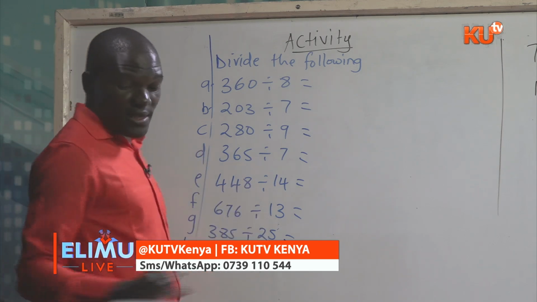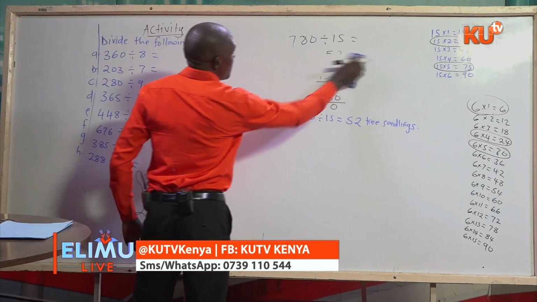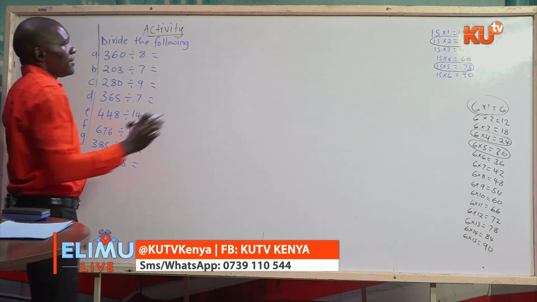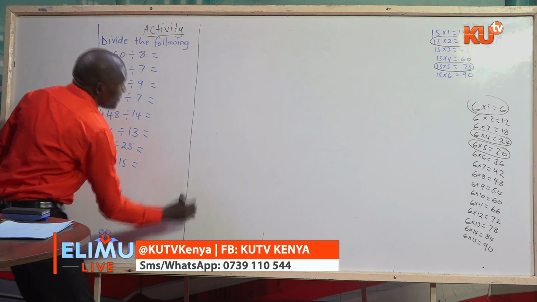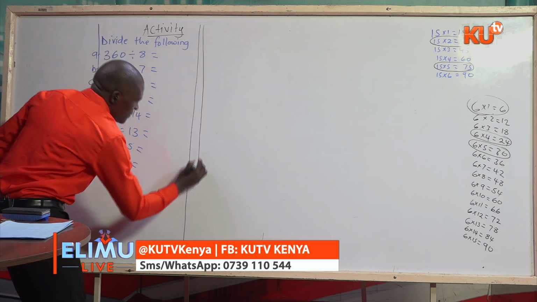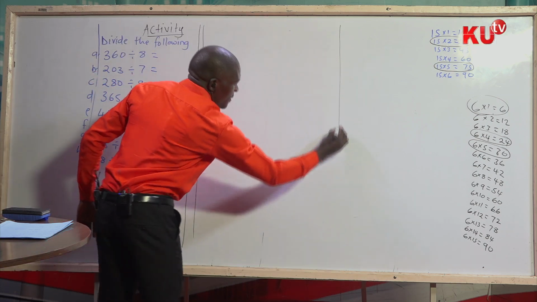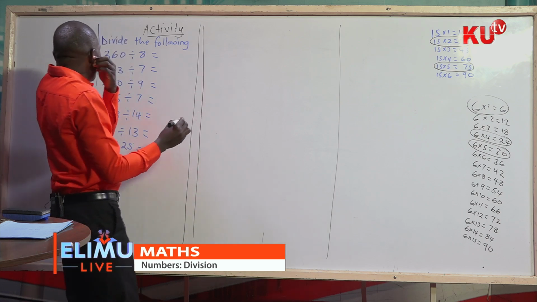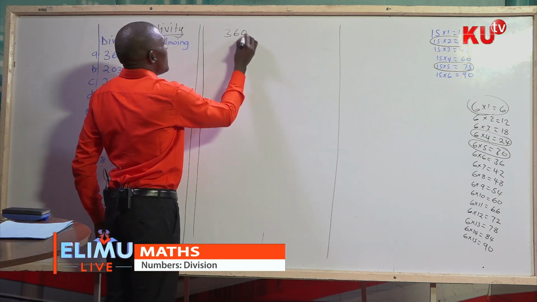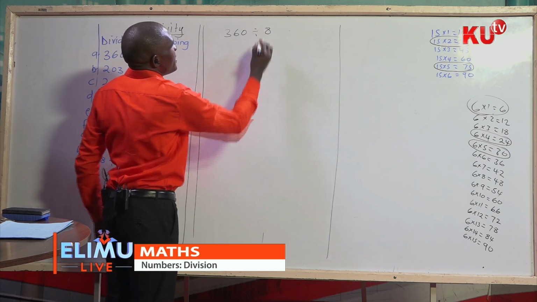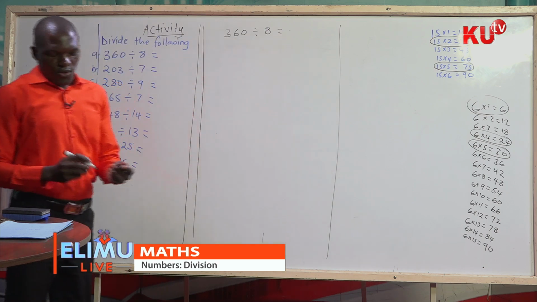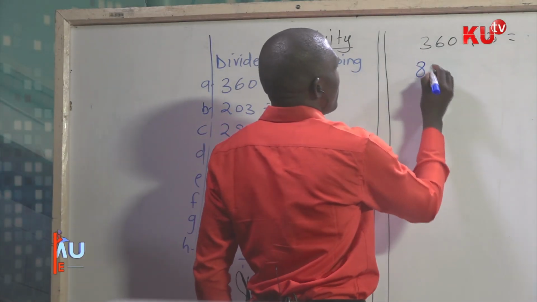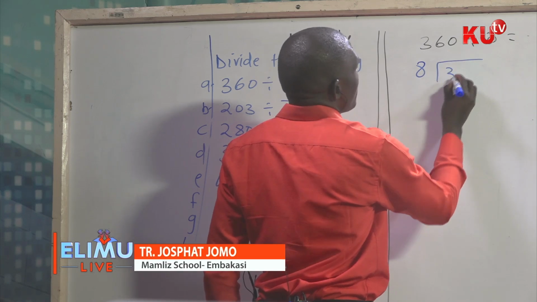So let's work out the first sum together. That is 360 divided by 8. You will move to our long method, 8 outside, then 360.